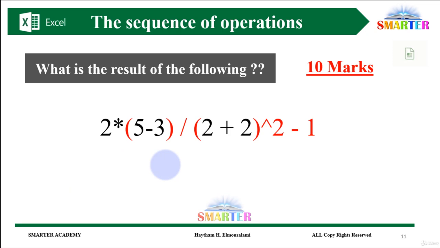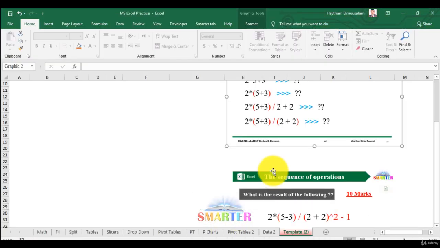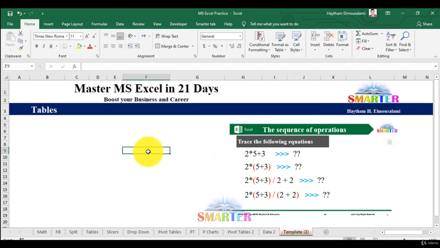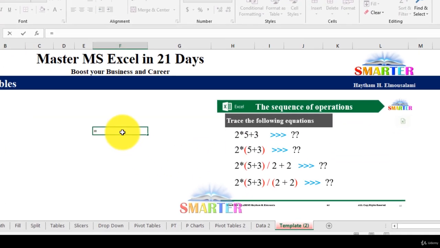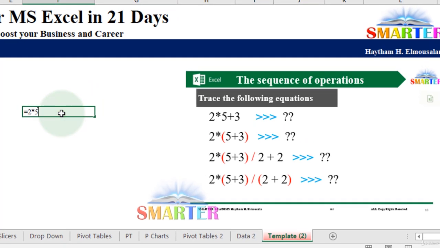So what is the result of this equation? Let's take examples and learn how to write this equation using Microsoft Excel. Let's practice and write this formula. Plus 2 division 5 plus 3.